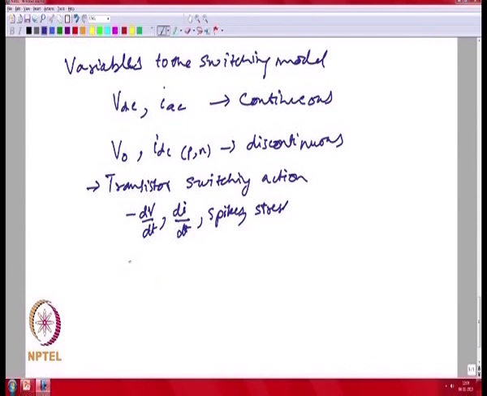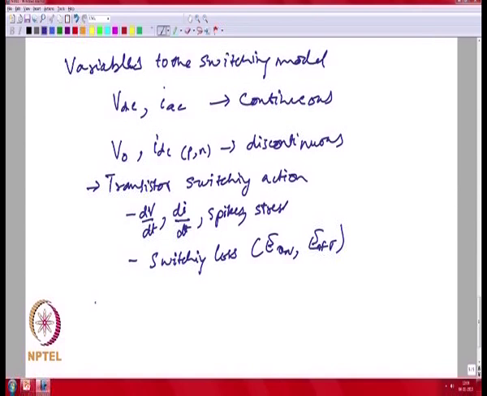You may also be looking at the switching loss, so if you consider E on, E off, etc., these are switching characteristics related. So if you are looking at it on a detailed waveform basis, that definitely would need a switching model.